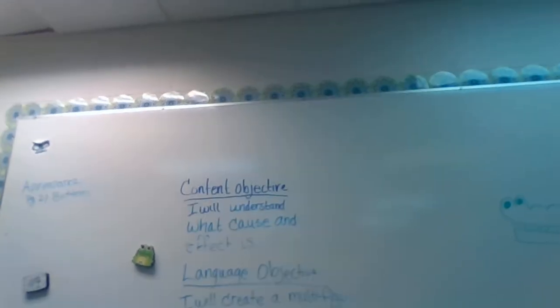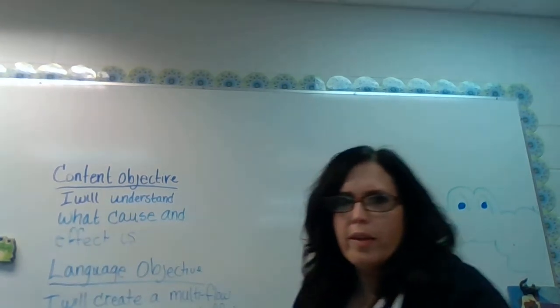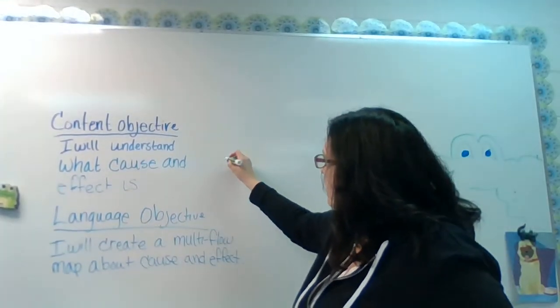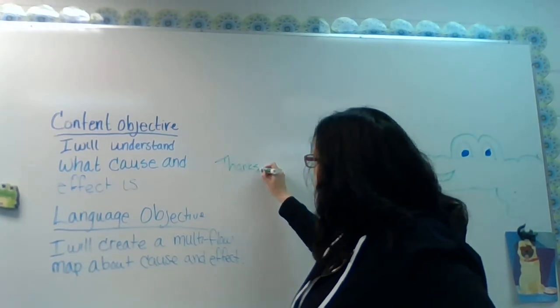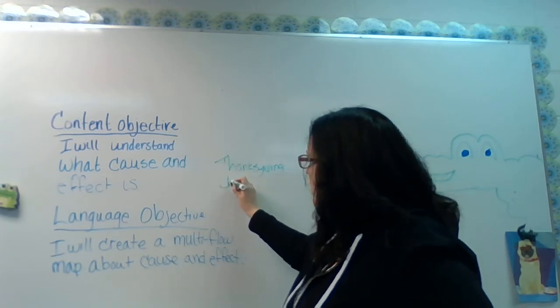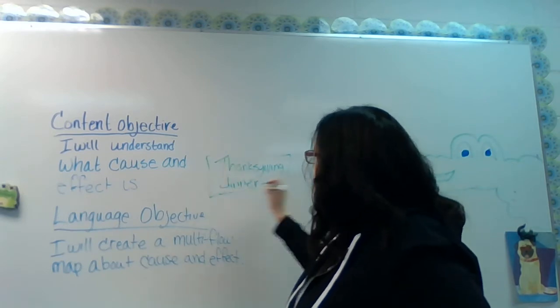Happy Thanksgiving, Turkey. Okay, so let's look at the cause and the effect real quick. So the cause of everything that happened was our Thanksgiving dinner. Okay, so that was our main cause, right? So we're going to put this first, okay?